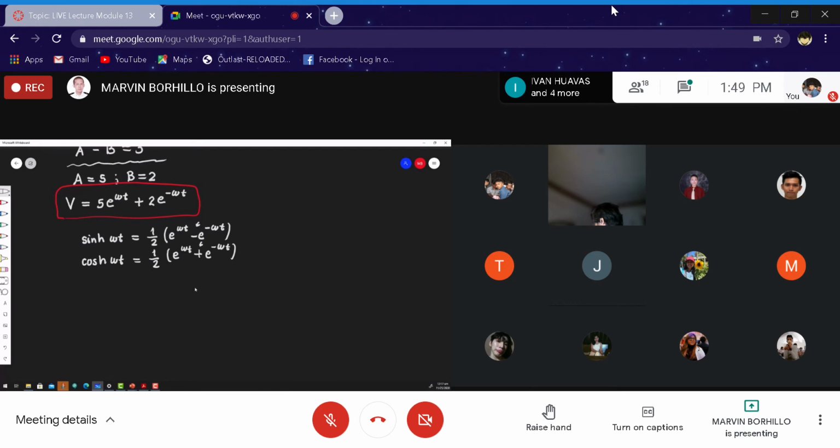Pag inadd, yung dalawa, add natin yung dalawa. Hyperbolic sine of omega t plus hyperbolic cosine of omega t will result to e raised to omega t. You can try to solve this. At ito yung dapat lalabas niyan, no?